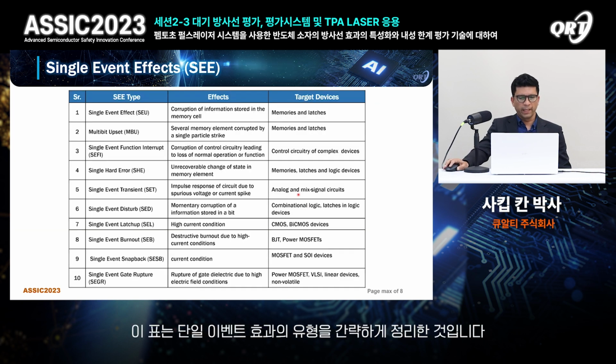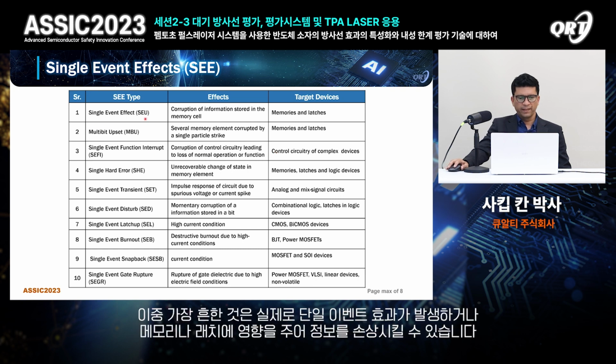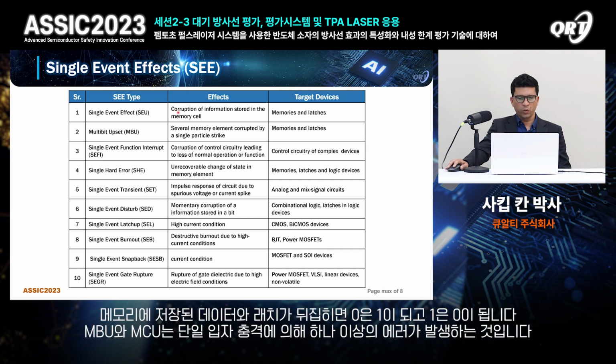This table here summarizes all these types of single event effects. Among these, the most common are single event upsets, which manifest themselves in memories and latches and are related to the corruption of information. If data stored inside the memory and latches gets flipped, 0 becomes 1 and 1 becomes 0. MBUs and MCUs are more than one error triggered by a single particle strike.